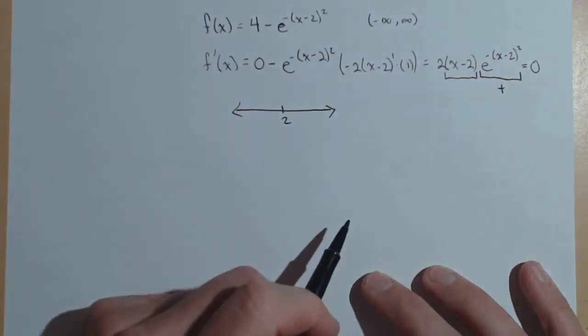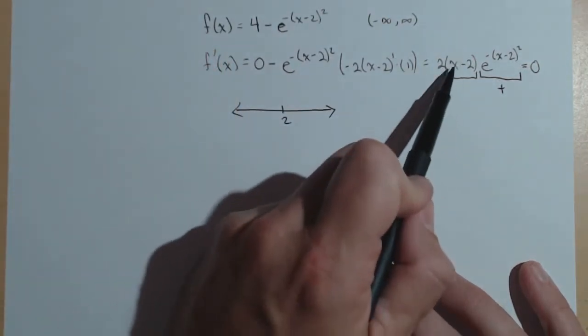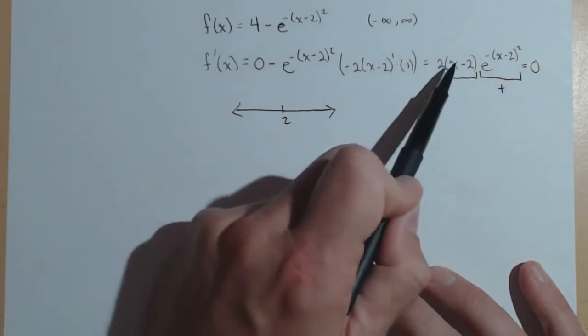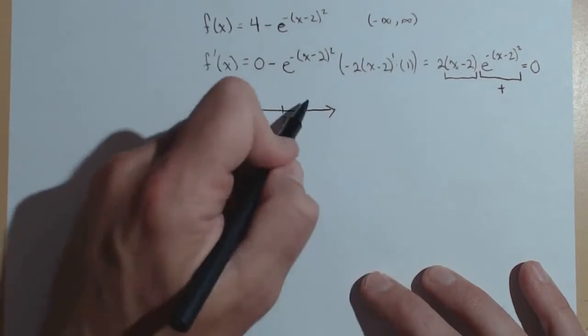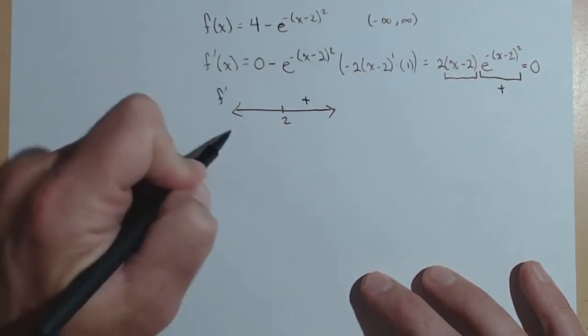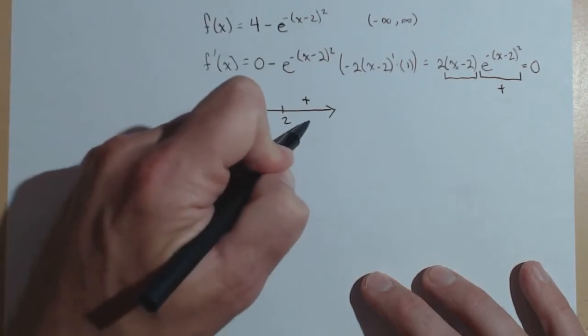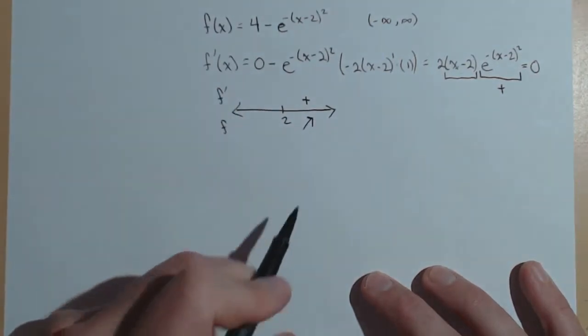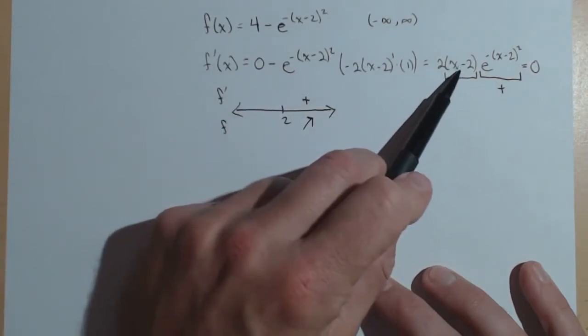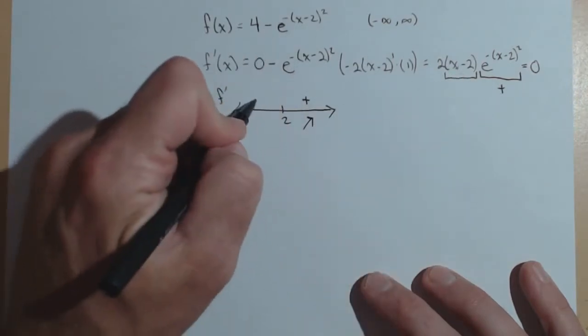So let's build our sign chart from this. Now remember, this is always positive, so if x is larger than 2, say 3, this will be positive. A positive times a positive is positive. So our derivative is positive, which means from 2 to infinity, our function is increasing. If we use a number smaller, say 0, 0 minus 2 is negative. A negative times a positive is a negative.